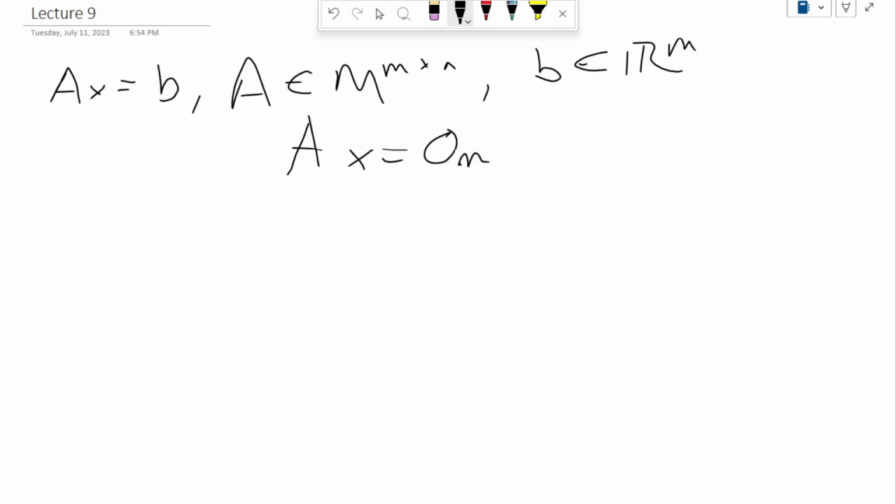It might seem kind of strange that this is the most important system, but it is. So we give it a special name, because in mathematics we like to give important things their own name. We call this a homogeneous linear equation. So this is not homogeneous. This is homogeneous.